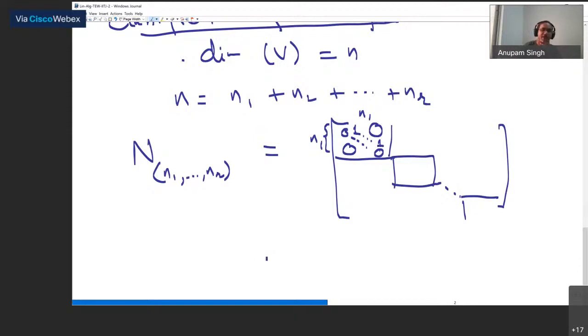So again, you see that to find a nilpotent, the only data required is this partition. So I'm trying to tell you this slightly differently than what I stated yesterday, because this is like trying to write the same thing in a combinatorial way. So sometimes it's easier to say it this way.